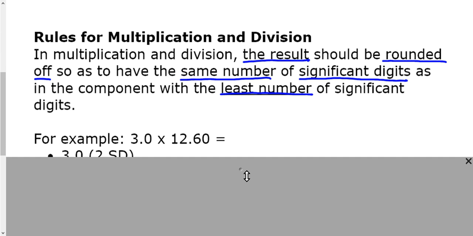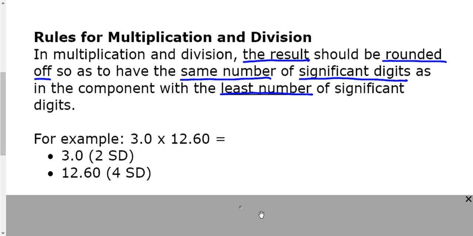So let's take a look at this example. 3.0 times 12.60. If we count the significant digits here, we see the first number has 2. The 3 and the 0 count, 2 significant digits. The second number here has 1, 2, 3, 4 significant digits.